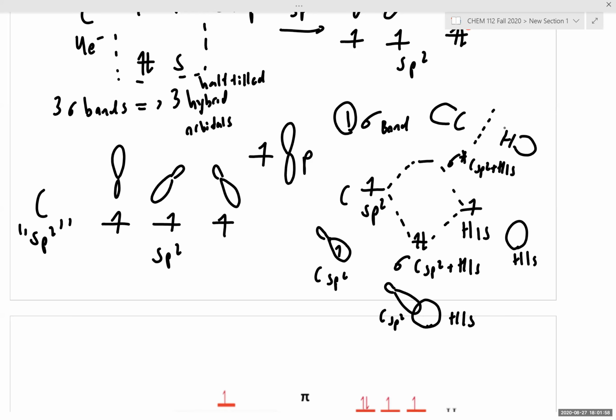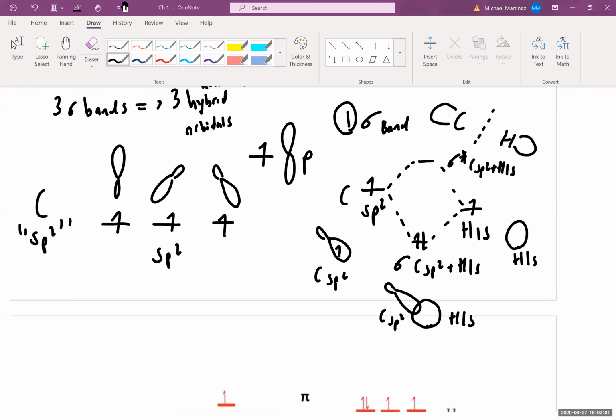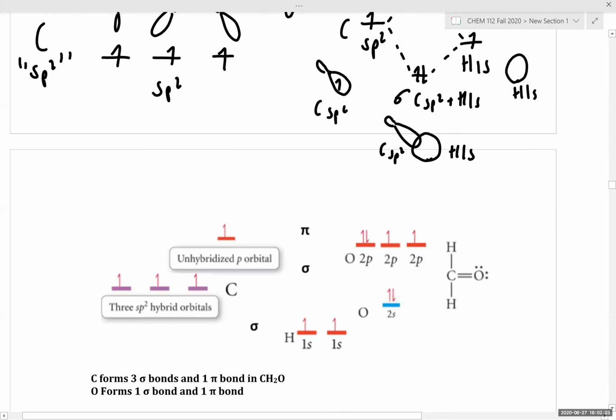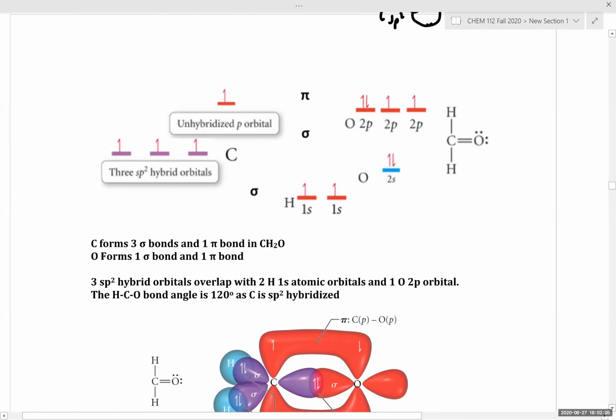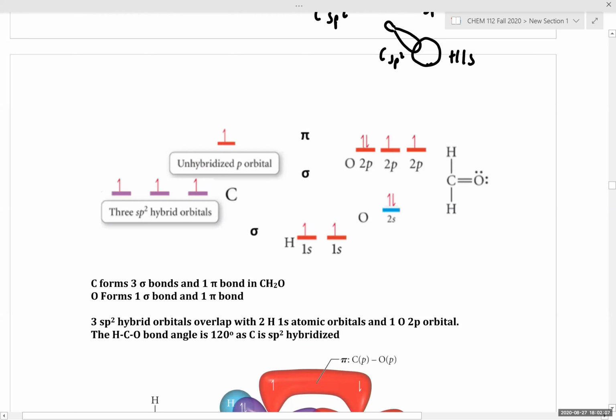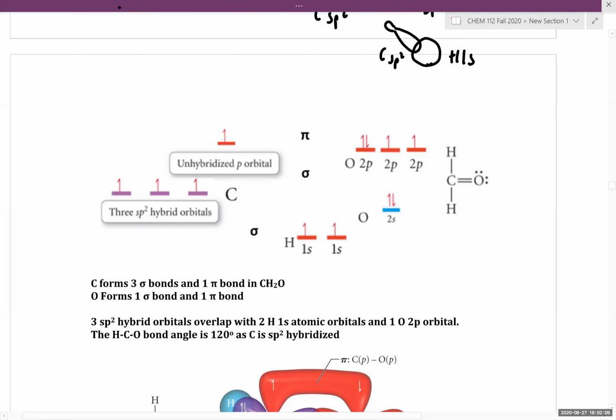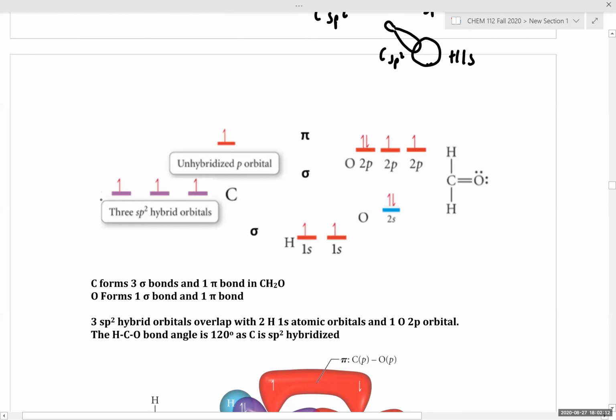So what we're going to do now is talk about the next type of orbital overlap that I've been alluding to. When we think about carbon, it has 3 hybrid orbitals. So this carbon can engage in 3 sigma bonds.